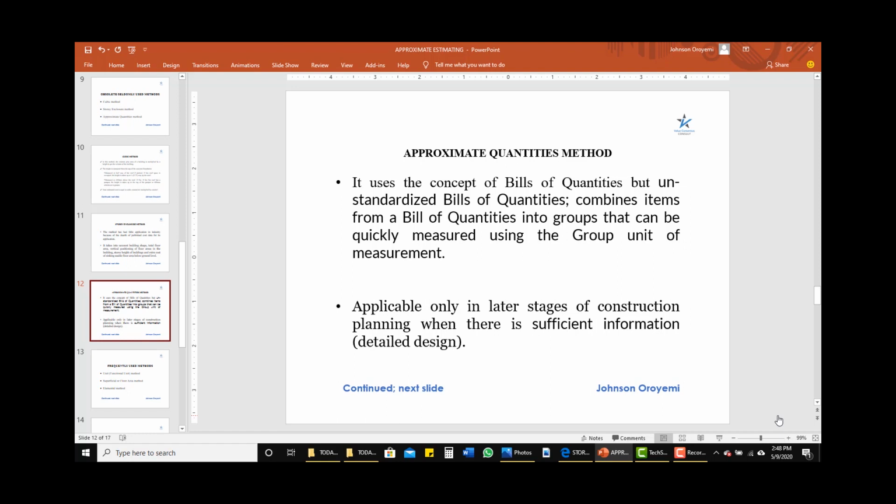So the quantity is multiplied by a unit rate to arrive at a sum for each group. Then all the groups are added together, then we arrive at the probable cost of the construction project. So that's all about the approximate quantities method of preliminary estimate.